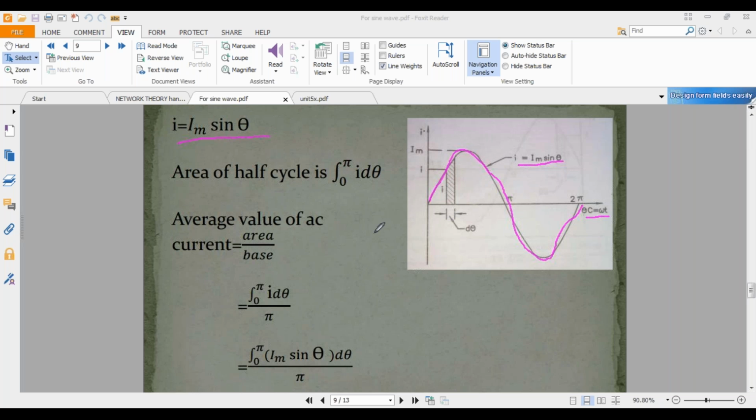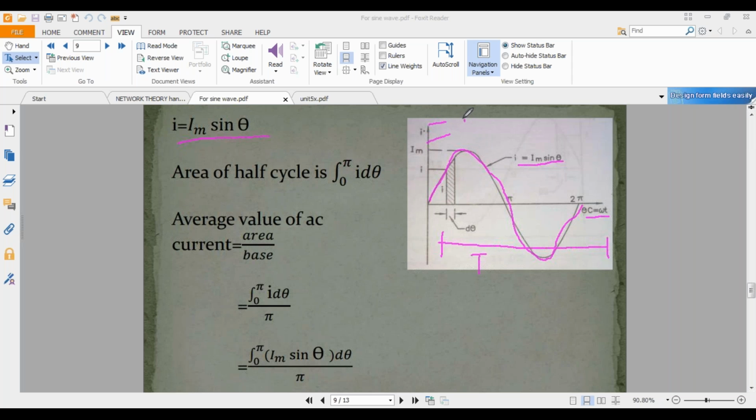So the average value of this curve is equal to its area divided by its width. The width of this curve is called the time period T. For a symmetrical waveform, the average value can become 0.